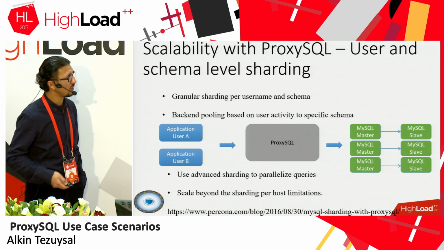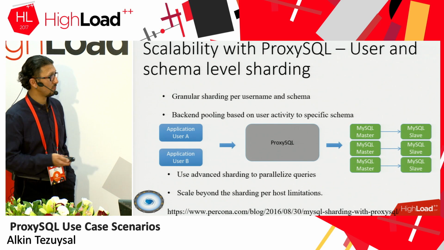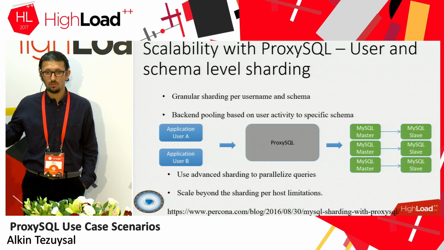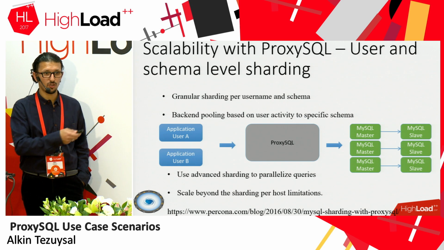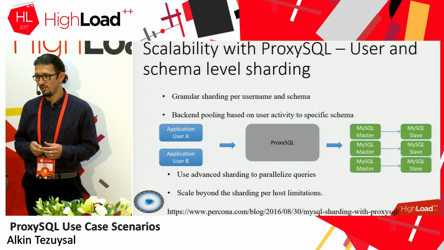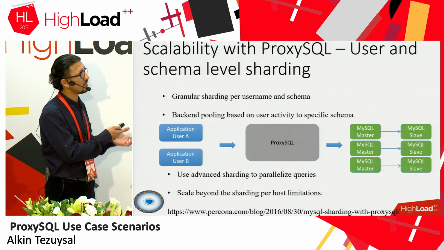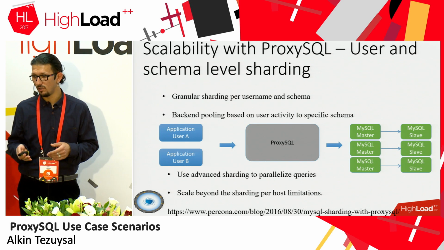Basically the idea here is to go beyond the sharding per host limit, because with traditional sharding you're limited to that. Everything goes to that shard, regardless of whether that shard is able to serve that traffic. Here we can set some standards on our username or schema and do that.